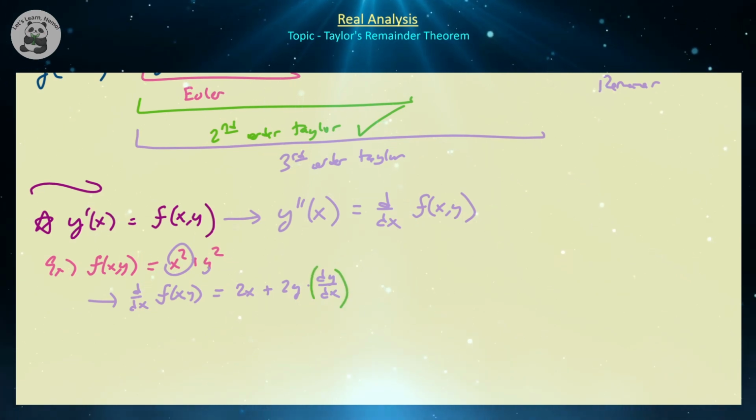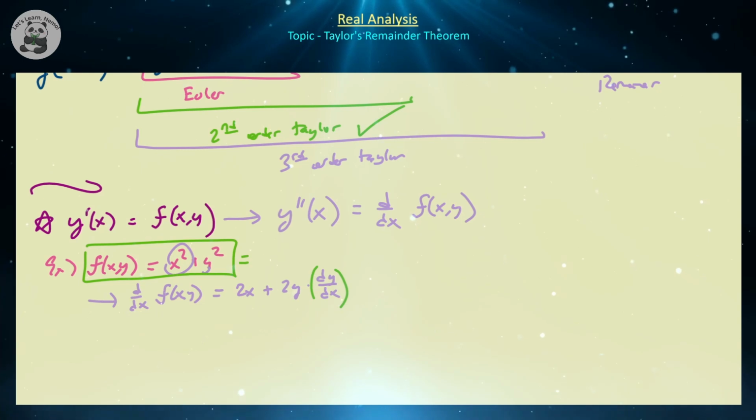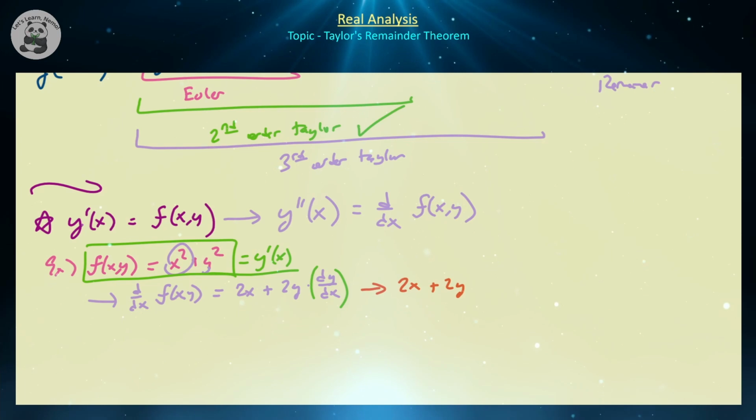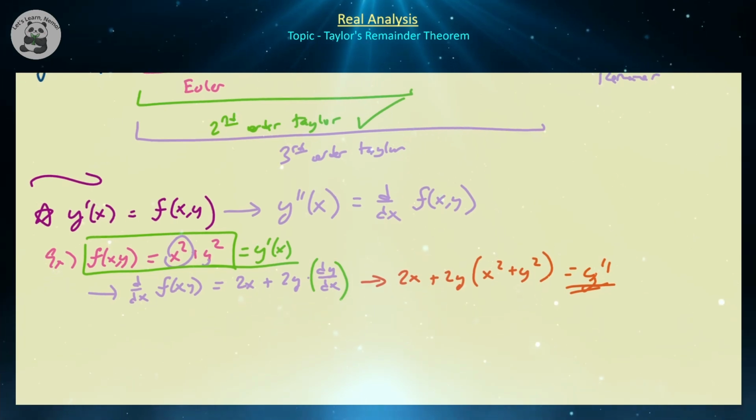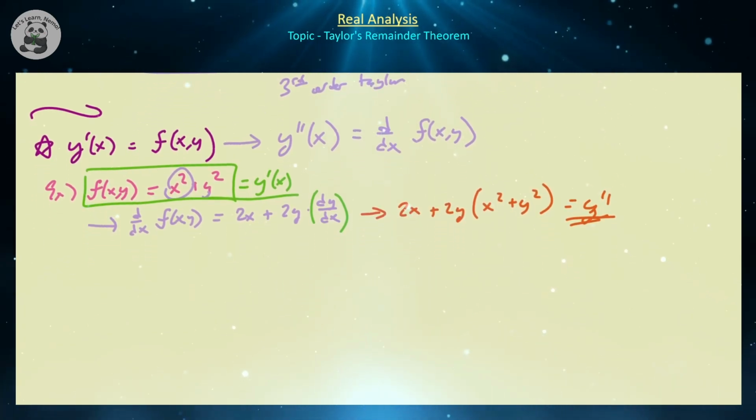But keep in mind, dy over dx is precisely equal to x squared plus y squared, because that's what y prime of x was equal to. That's our differential equation. So that means this is just going to be equal to 2x plus 2y times x squared plus y squared. So that's going to be our y double prime term in our second order Taylor series method.